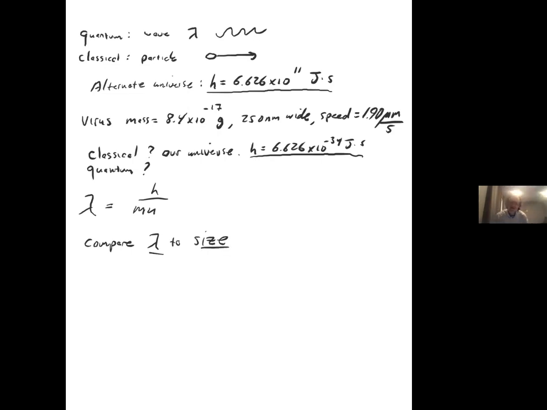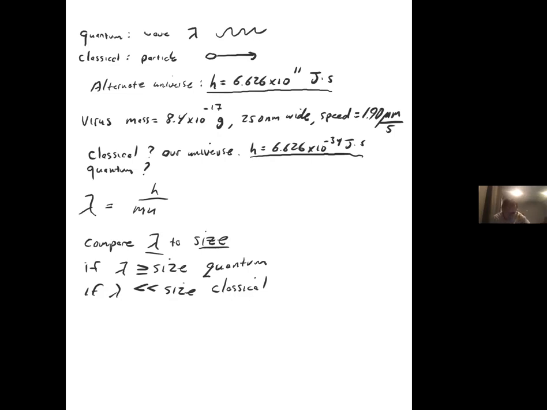If the wavelength is greater than or equal to the size, then it's going to behave like a quantum particle. If the wavelength is much less than the size, then it's going to behave as a classical particle. Okay, that's really how you tell. That's your rubric or your calculation. So let's take a look.